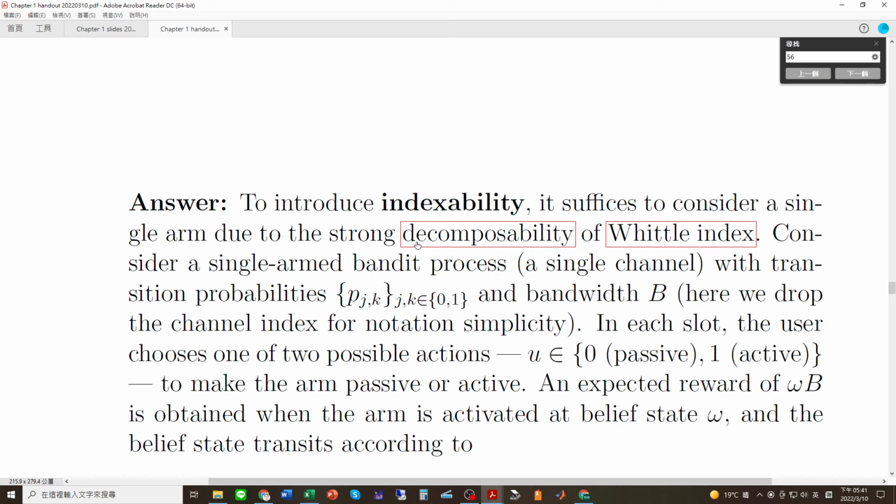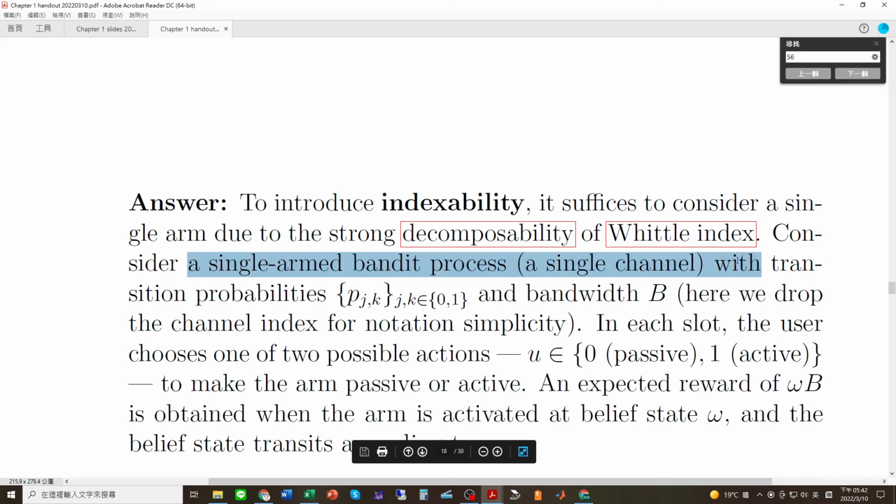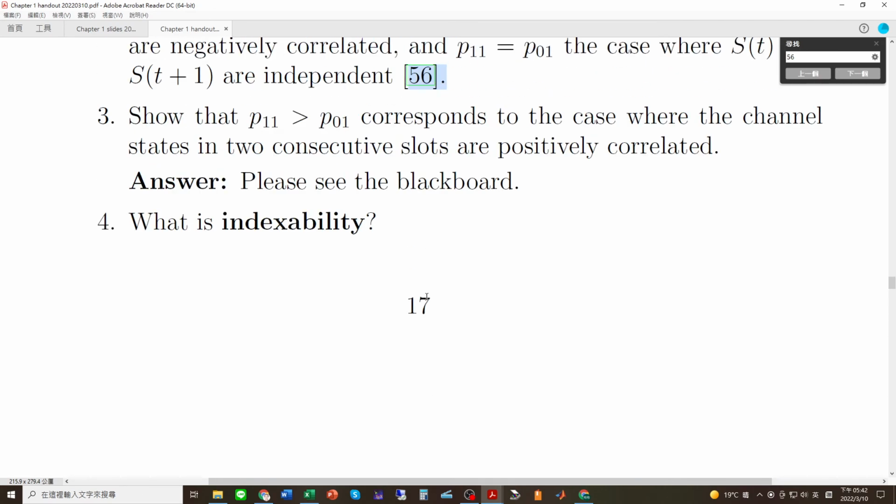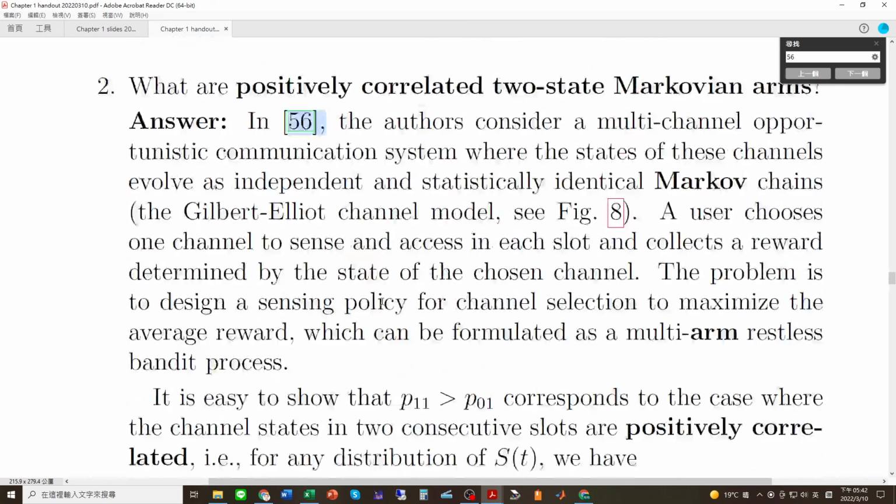We will see what decomposability and the Whittle index are in the later problems. Consider a single-armed bandit process, a single channel, with transition probabilities P_jk, where j, k are in the set {0, 1}. You can refer to this figure.